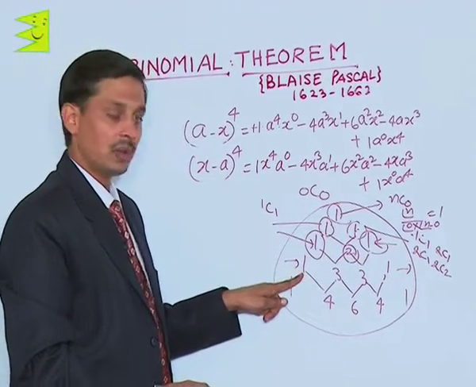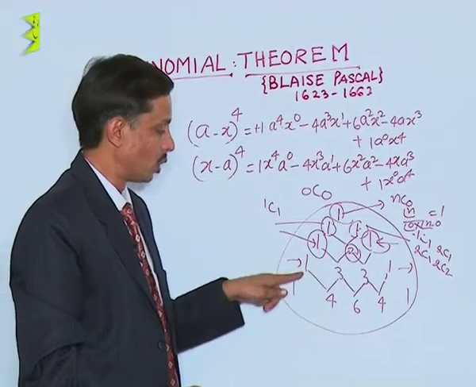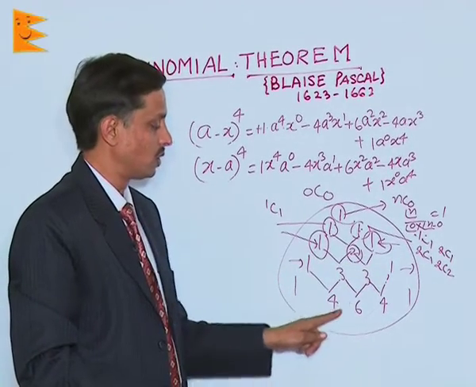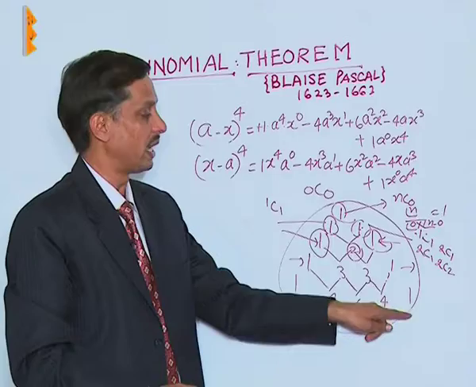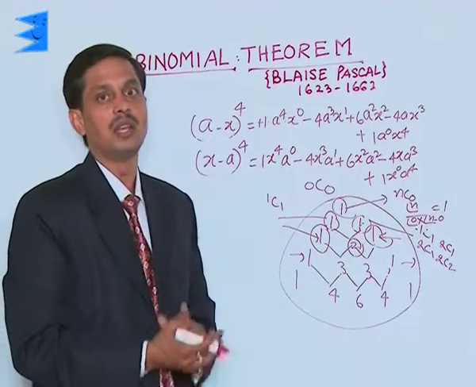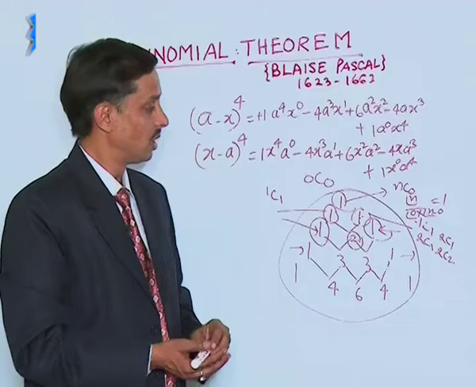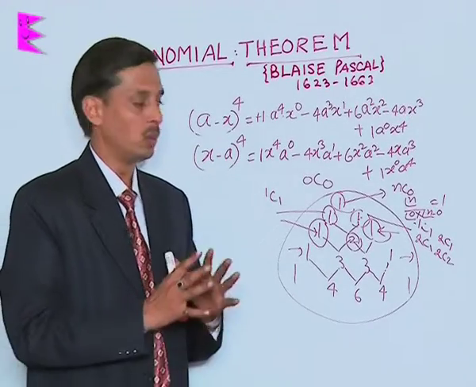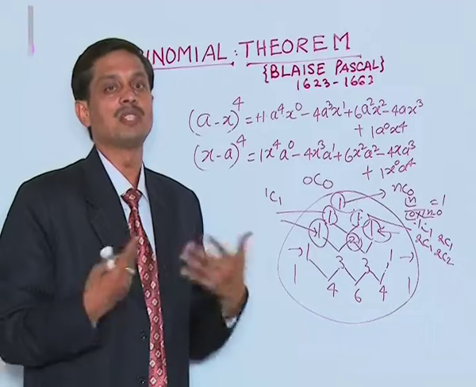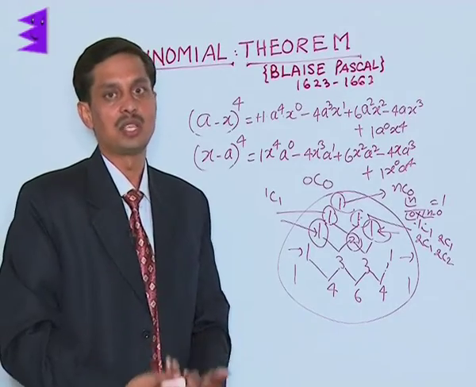This is 3C0, 3C1, 3C2, 3C3. It is 4C0, 4C1, 4C2, 4C3 and 4C4. So the Pascal triangle coefficients are related with the combination terms, which I will explain to you when we write the coefficient of a plus x to the power n or a minus x raised to the power n.